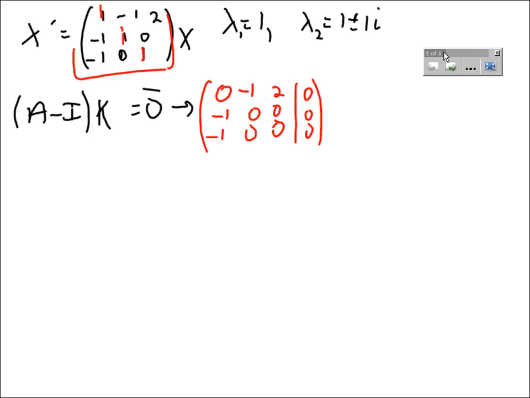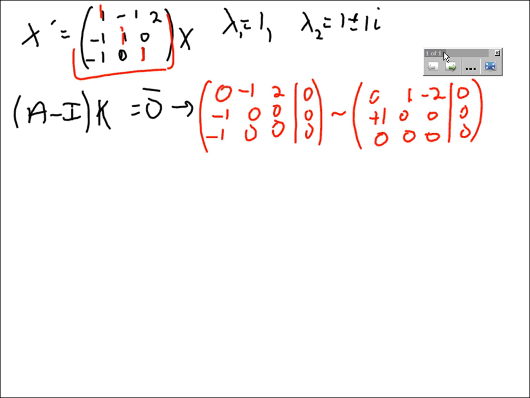Now, this matrix is pretty much done. There's not a lot of magic there. Let me multiply row 1 by negative 1. So I'll get 0, 1, negative 2, 0. Row 2 I'll multiply by negative 1. And row 2 and 3 are the same, so when I subtract them, I get zeros.